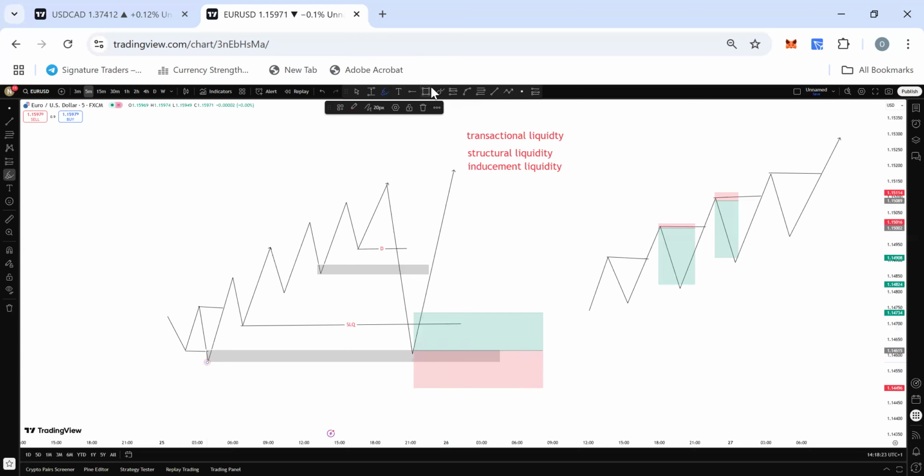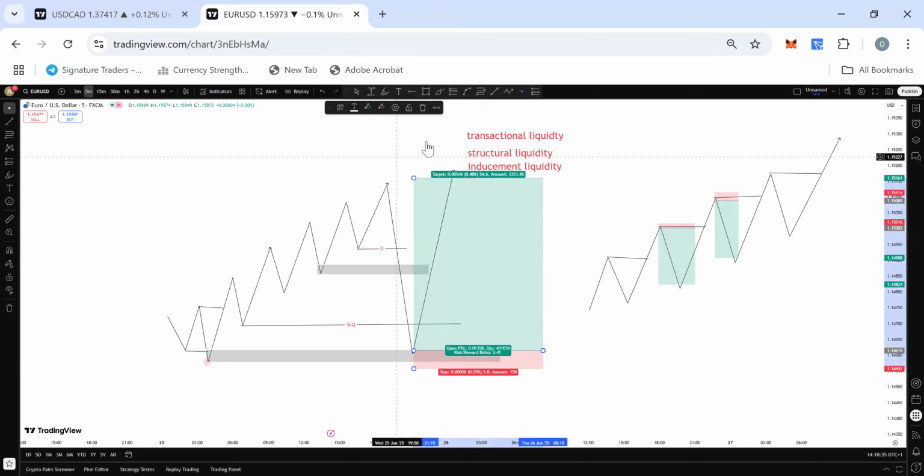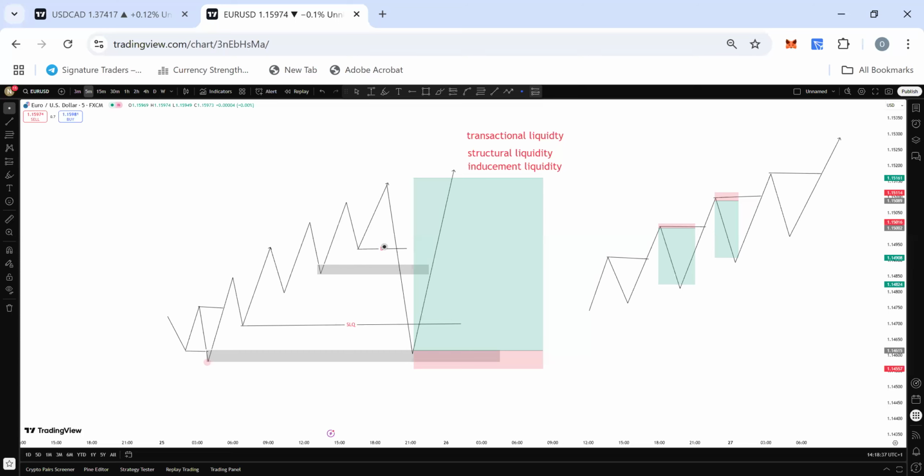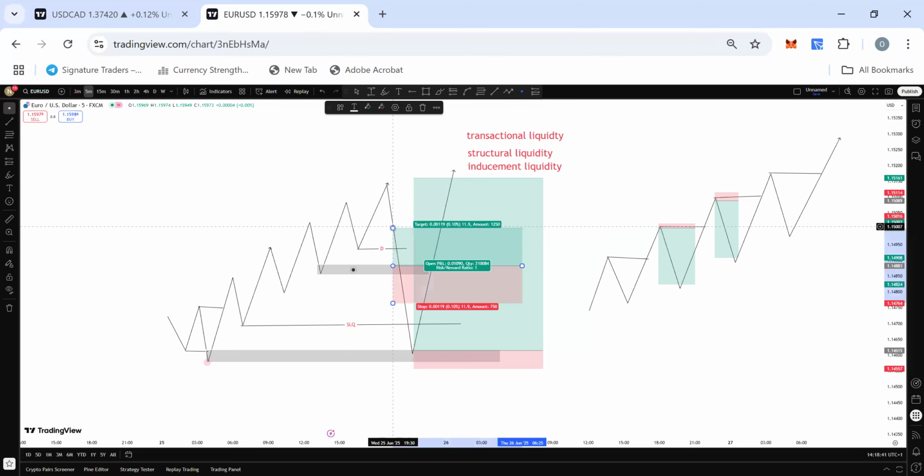So from this area, I have a high chance of buying, putting my stop loss below here and pushing from this area. And I also have a high chance of buying from here because there is also a liquidity here that made this zone after inducement a valid liquidity.